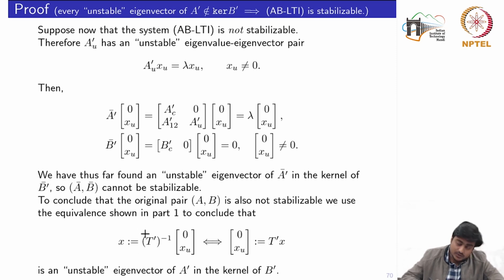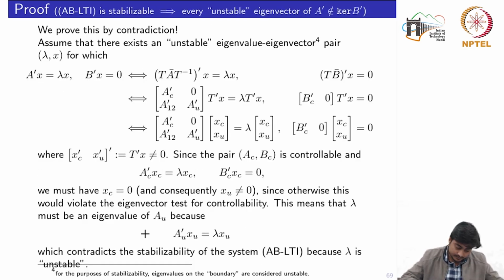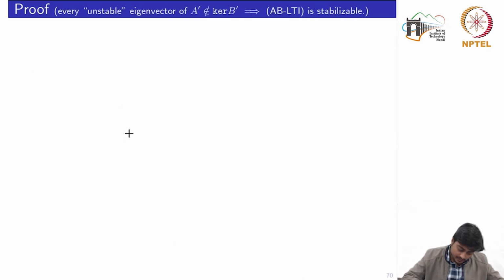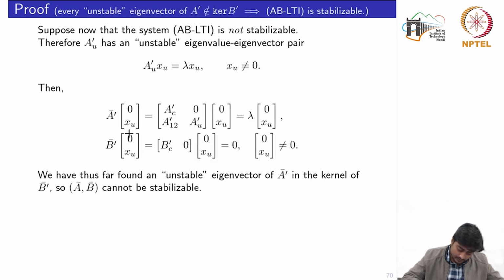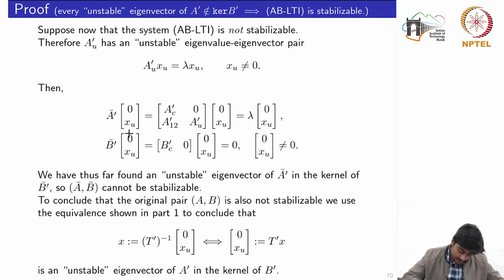So that equivalence is basically this equivalence. And in fact it is straightforward also by taking the definition of algebraically equivalent, that proving that A bar B bar cannot be stabilizable in fact implies that the original pair AB is also not or cannot be stabilizable.